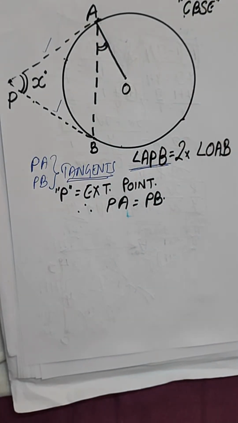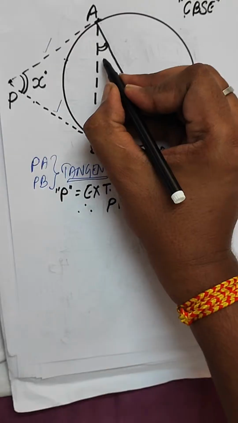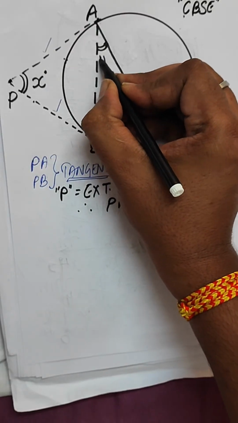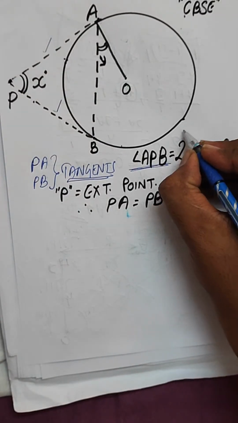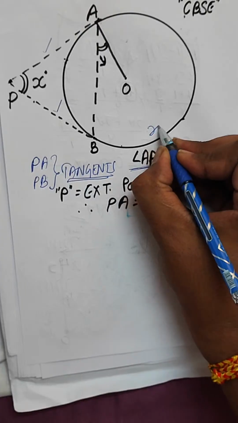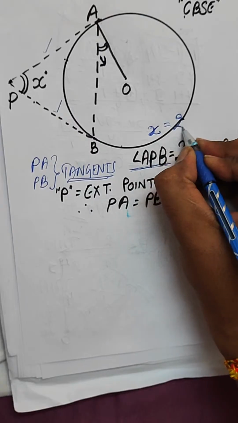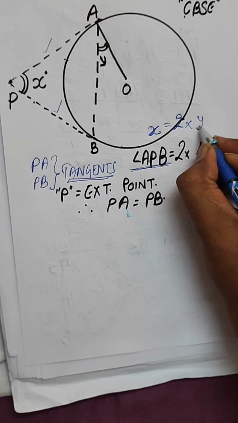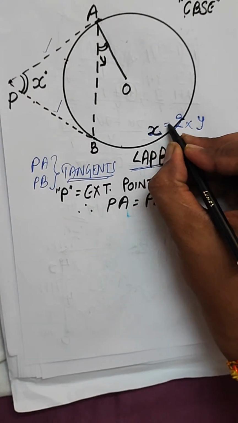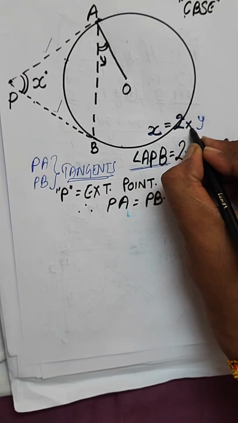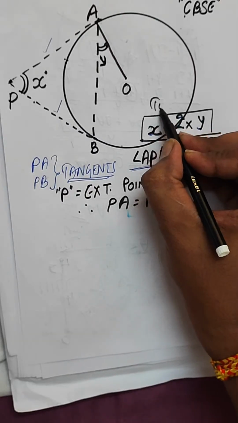This is angle OAB, and let us say this is angle Y. Then we need to prove that angle APB, that is X, is equal to 2 times Y.